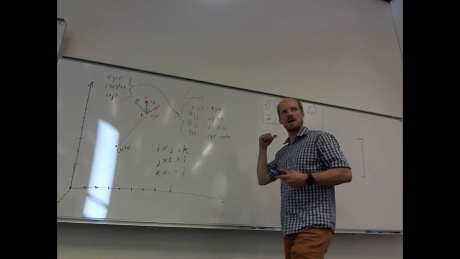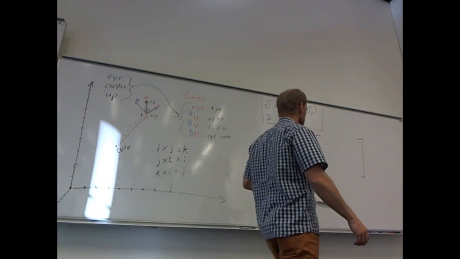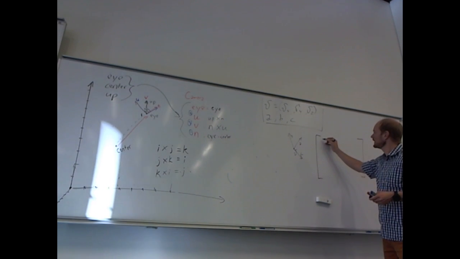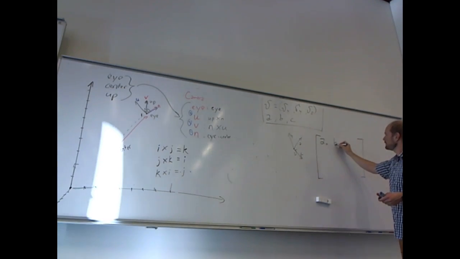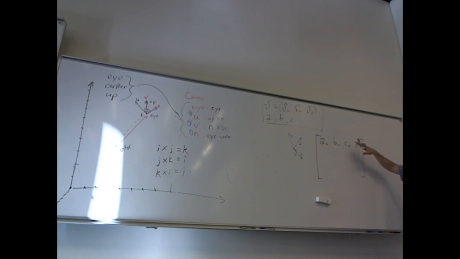Can you remember how exactly our coordinate frame itself is represented? Ax, Bx, Cx, origin x, first row. Okay, this is the first row.